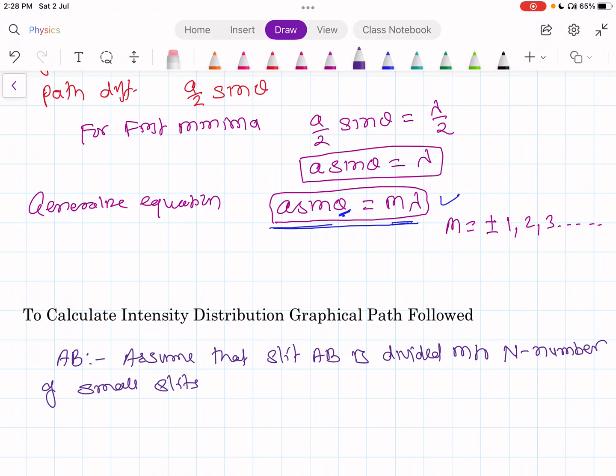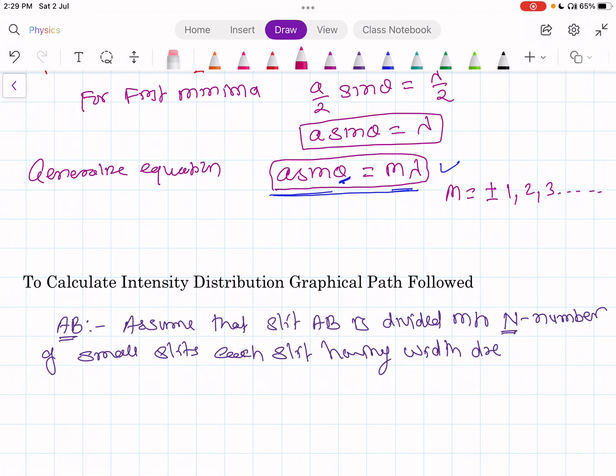We are assuming that in that slit of width a, there are n number of small slits, each slit having width dx. So there are n number of small slits in slit AB. Each one is having width dx.